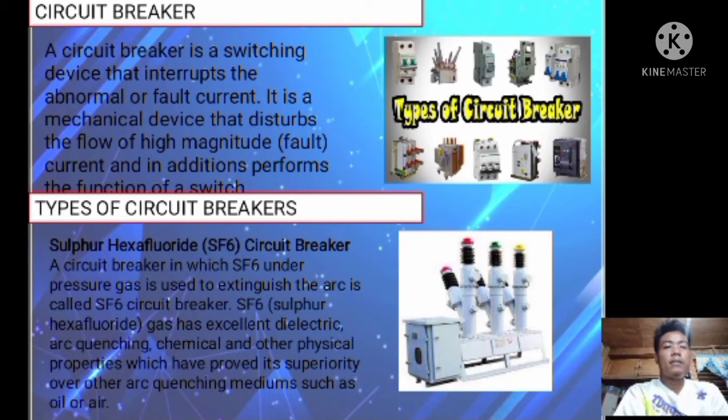Kaya ito minsan, halimbawa nito sa isang bahay, for example lang dito yung sa mga residential houses, may mga protection devices na circuit breaker for high magnitude at saka safety na rin sa mga consumer.